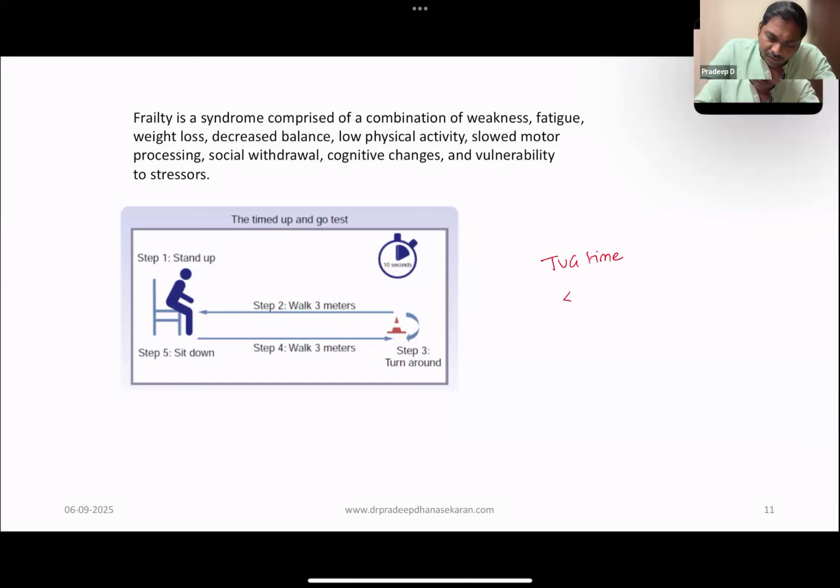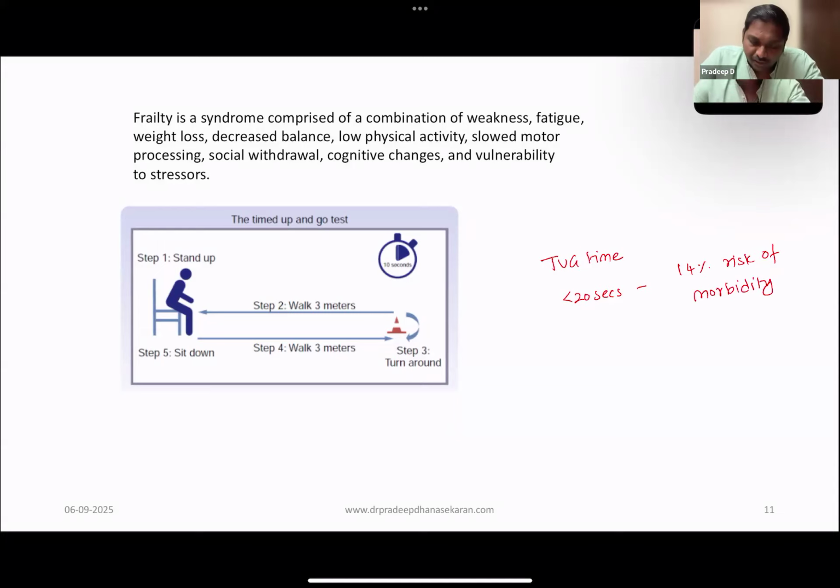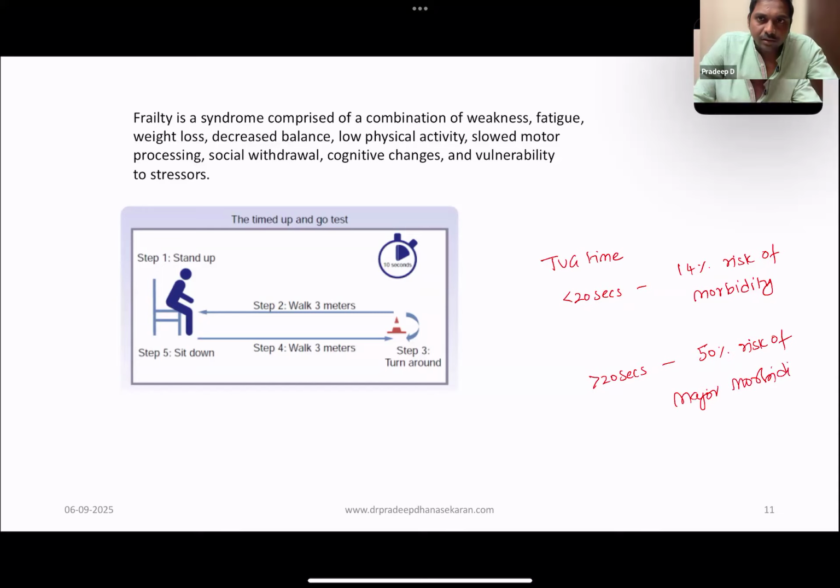If it is less than 20 seconds, there is only a 14% risk of major morbidity. If the time taken by the patient exceeds 20 seconds, there is a 50% risk of postoperative morbidity. There is more than 50% risk of major morbidity.